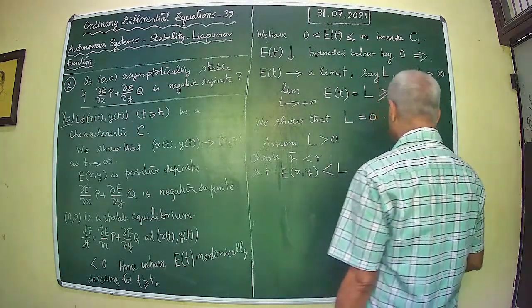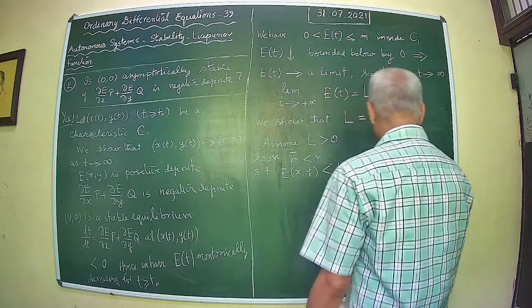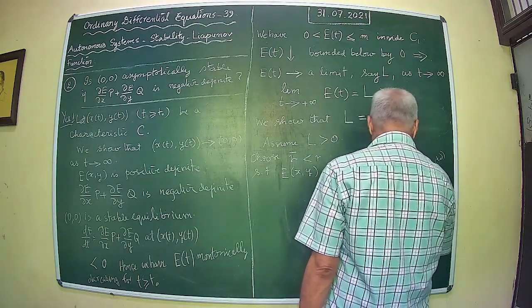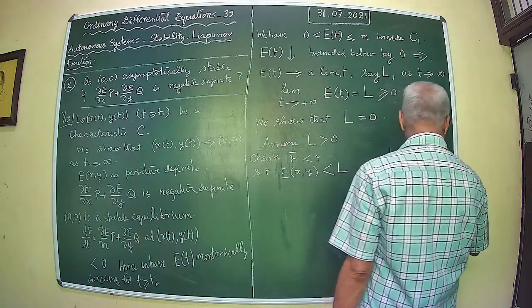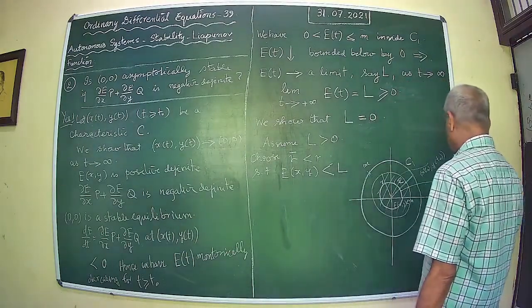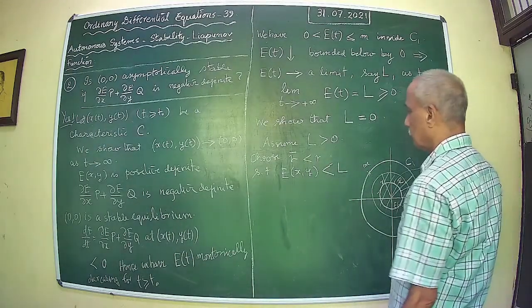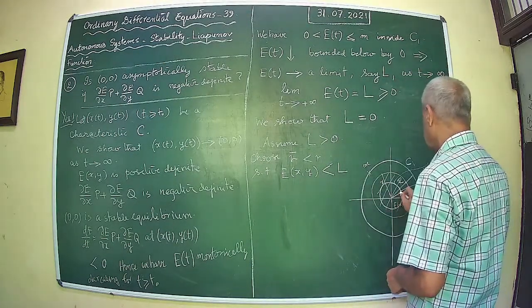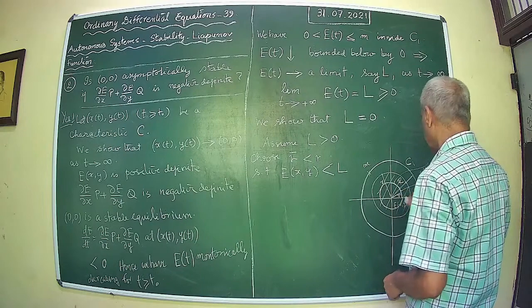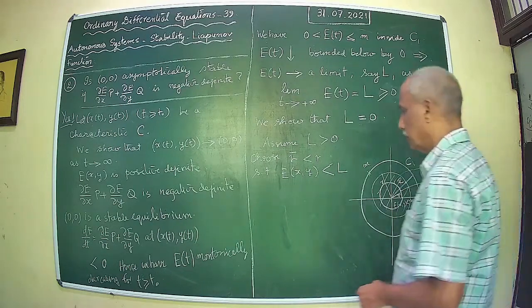So what you have is another disk or circle here, C3, whose radius is given by R bar.